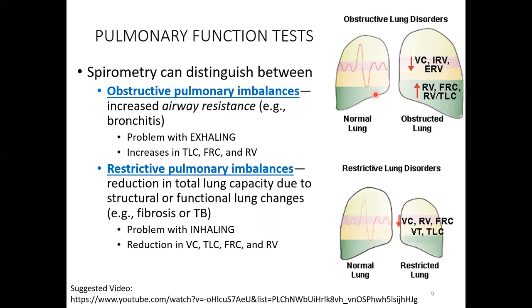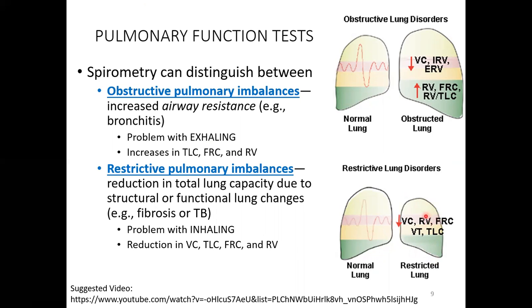And so your total lung capacity, how much air you can take into your lung, is going to go way down. This also results in a reduction in vital capacity. If you're not taking as much air in, you're not breathing as deeply, you're just taking tiny, shallow breaths, you're not going to be exchanging as much air, and your vital capacity goes down.